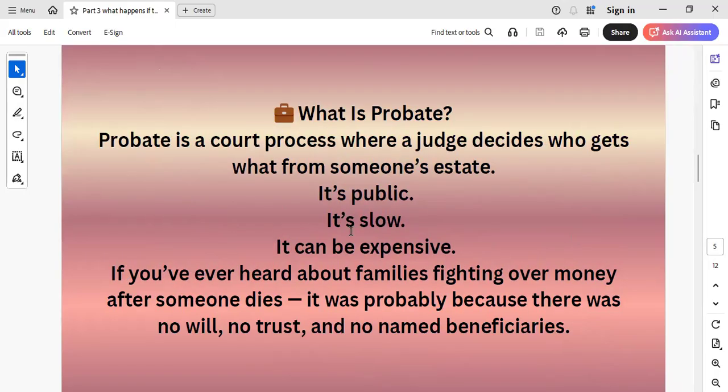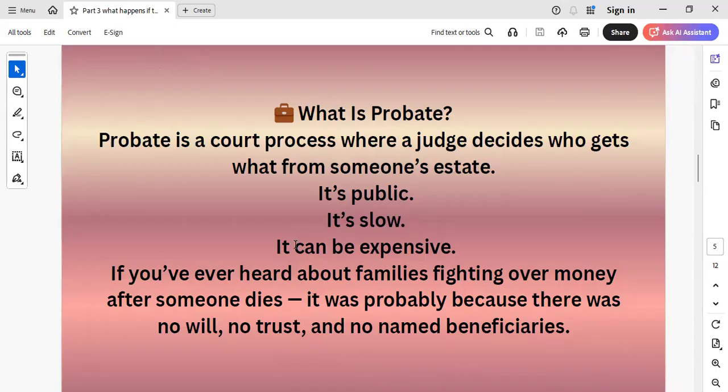So I'm going to explain what probate is. Probate is a court process where a judge decides who gets what from someone's estate. It's public, it's slow, and it can be very, very expensive. If you've ever heard about families fighting over money after someone dies, it's probably because there was no will, no trust, and no named beneficiaries.